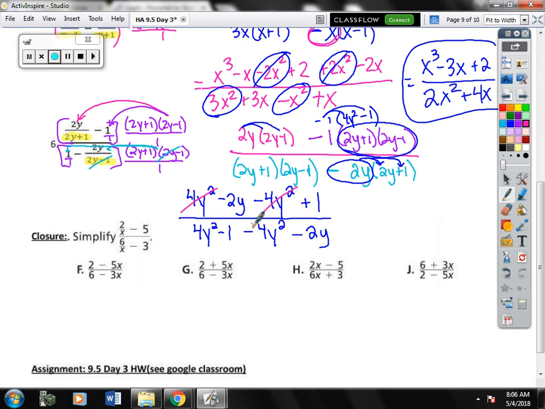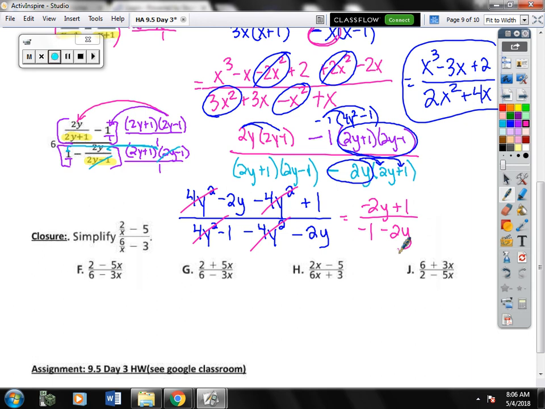So the 4y squared minus 4y squared is nothing, so we'll get negative 2y plus 1. And in the denominator, we'll get negative 1 minus 2y. And I would accept that as a final answer.